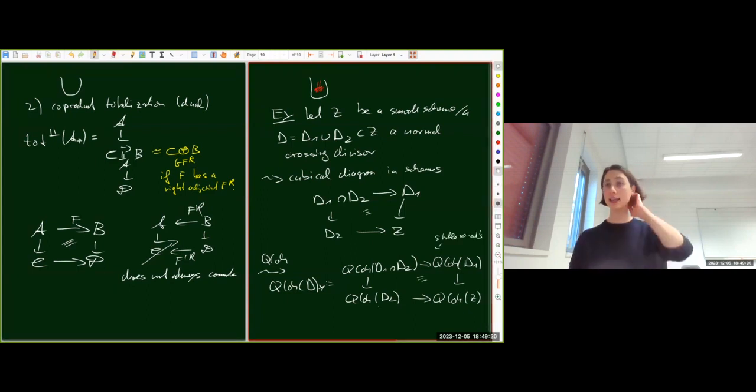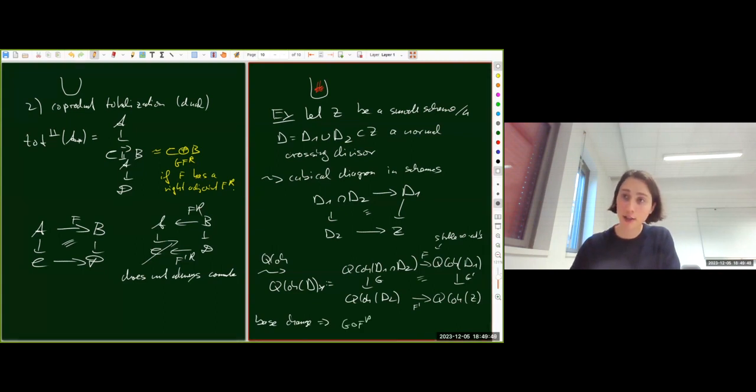Okay, and so it actually turns out that you have these functors f and g and f prime and g prime, and base change. The base change theorem implies that G composed with F right adjoint is equivalent to F prime composed with G prime right adjoint. Sorry, that's something wrong.